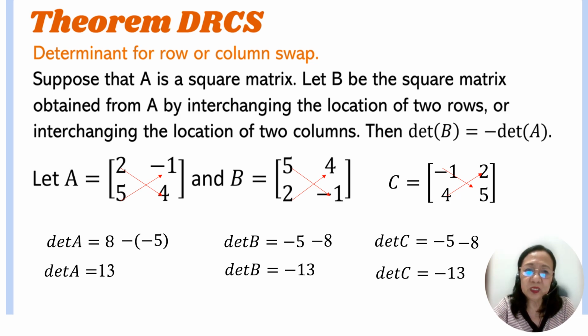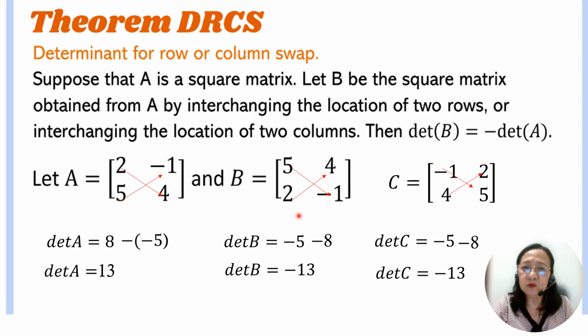Now let us evaluate the result. Our matrix A has a determinant of positive 13, but after swapping its rows, the determinant of B has the result of negative 13. So, comparing the determinant of A and that of B, they are opposite of each other.